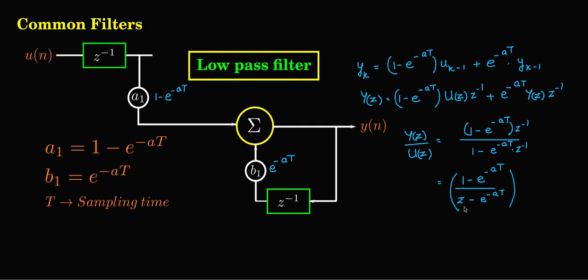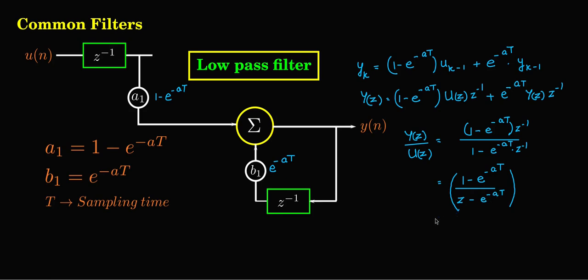So this implies that this is a first order system with a single pole at z equal to e to the power of minus aT, where T is the sampling time, a is the cutoff frequency corresponding to the S domain a by s plus a low pass filter.